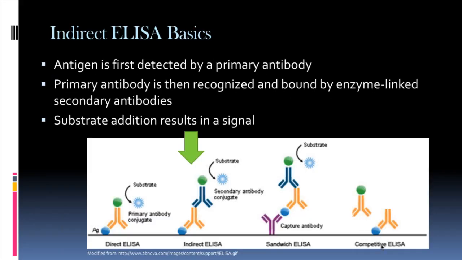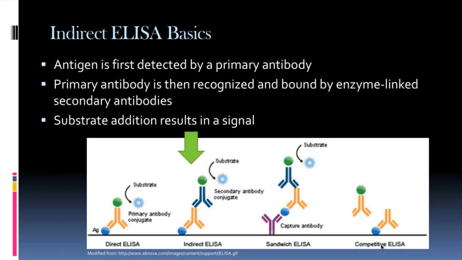The next type of ELISA is the indirect ELISA. And this, again, the basis of this ELISA is the direct ELISA, except that there's an additional step added to it. So again, we start off with our blue antigen at the bottom of the well. And the antigen is first detected by a primary antibody.